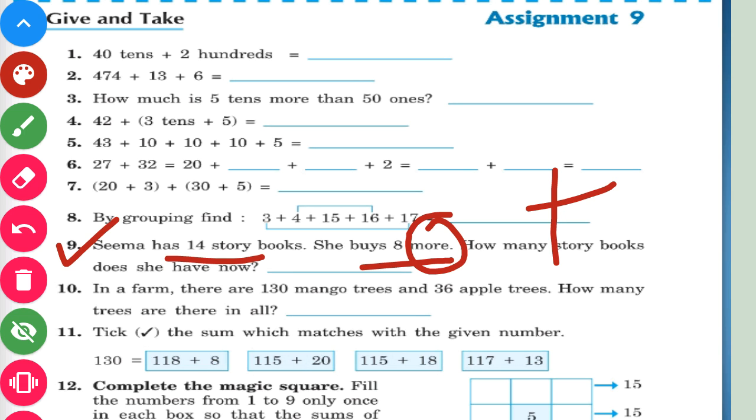Okay. Question number 10. Read the question. In a farm, there are 130 mango trees and 36 apple trees. How many trees are there in all? Which word will we see? All. That means addition.